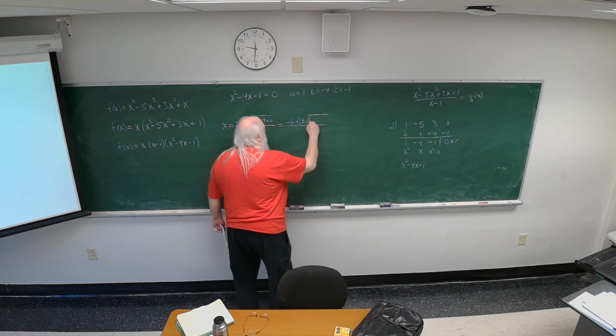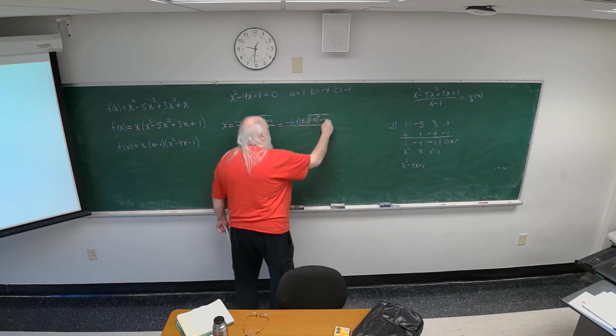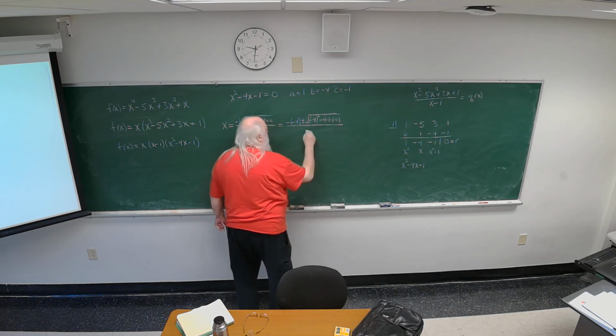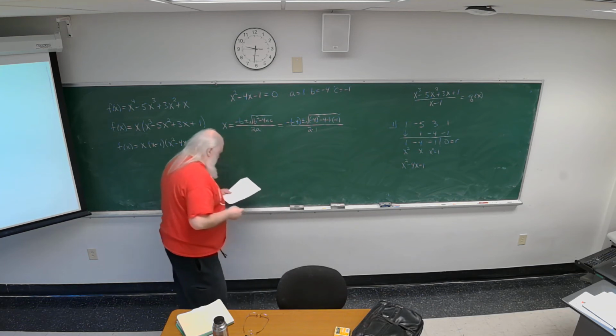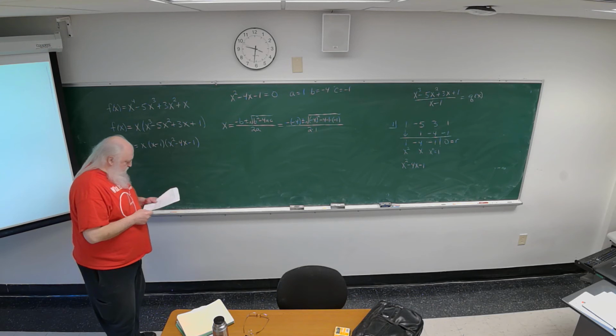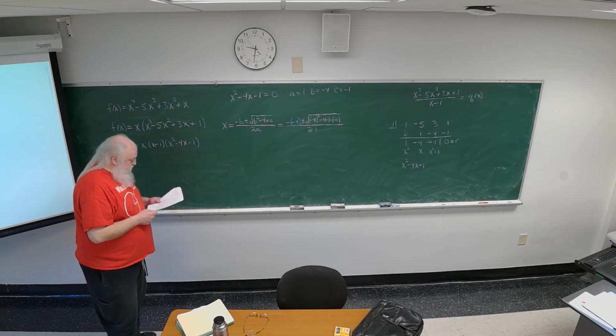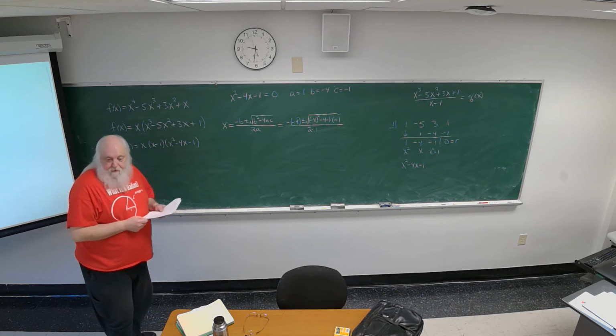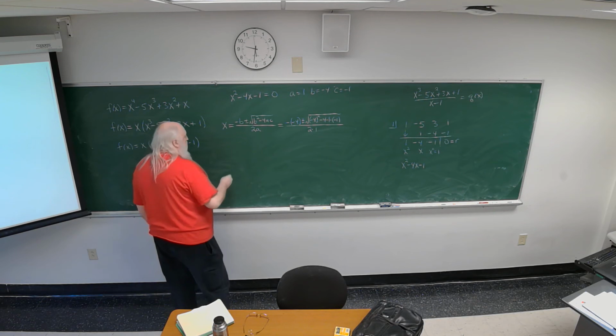B squared is -4 squared. And minus 4 times a, which is 1, times c, which is -1. All divided by 2 times a, which is 2 times 1. So far, so good. So now it's arithmetic.